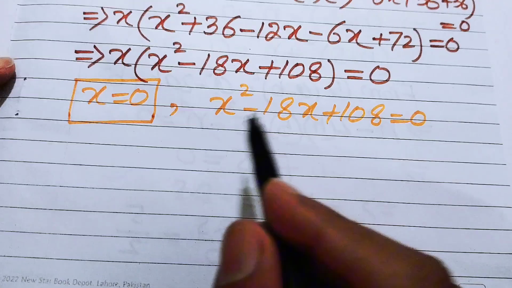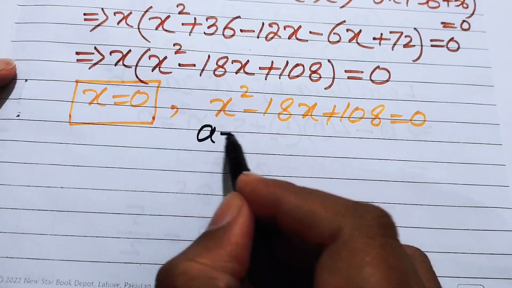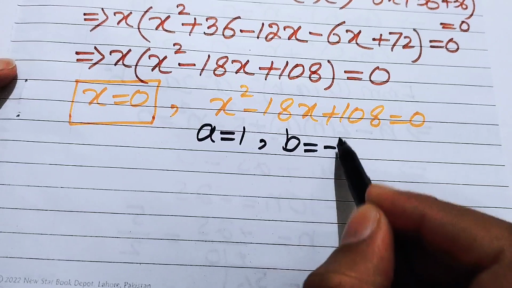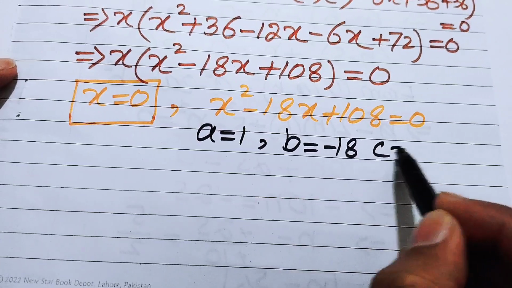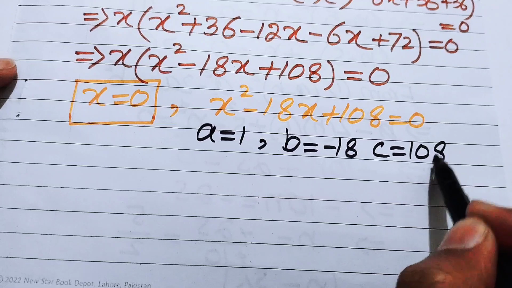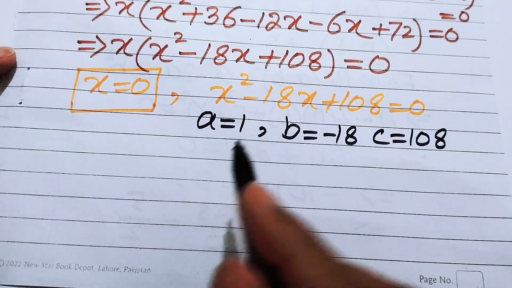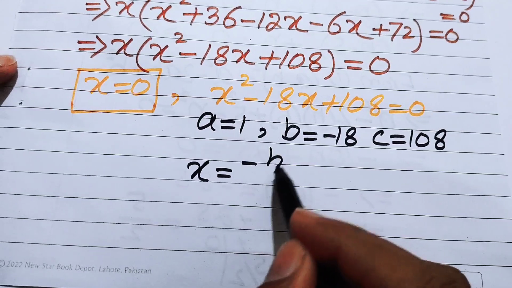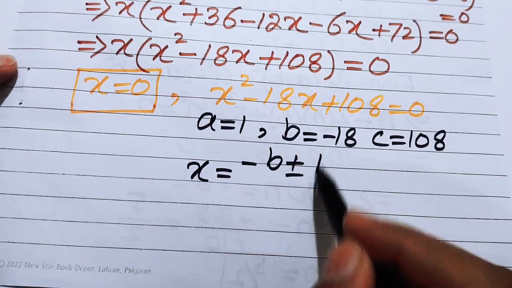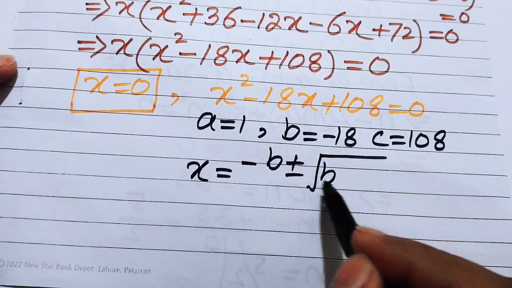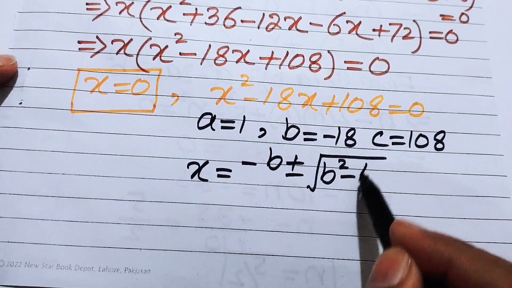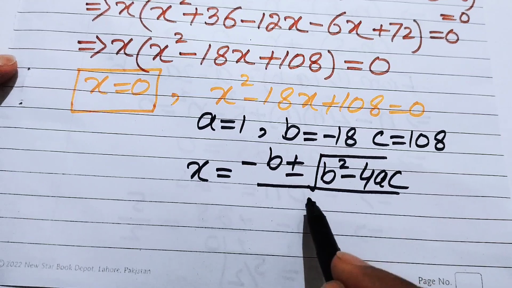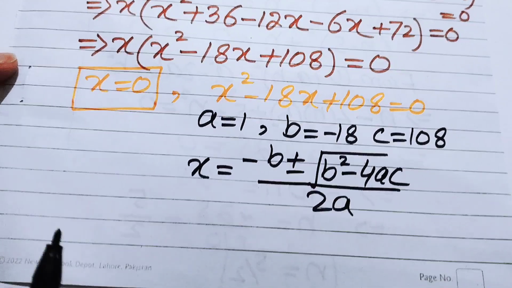First we write the coefficients of this term, and we have a equals 1, b equals minus 18, and c equals 108. And the quadratic formula looks like this: x equals minus b plus minus square root of b squared minus 4ac, and this whole over 2a.